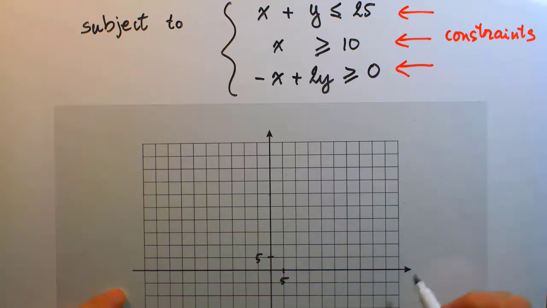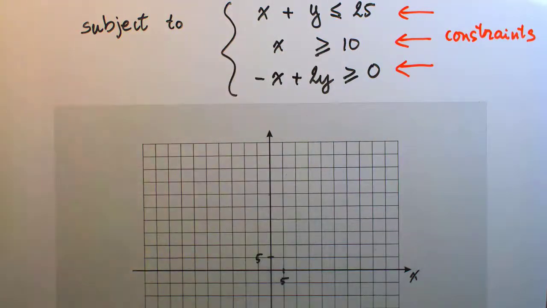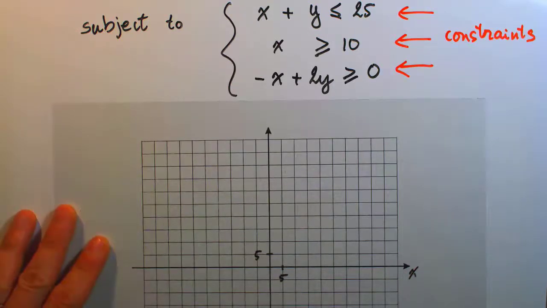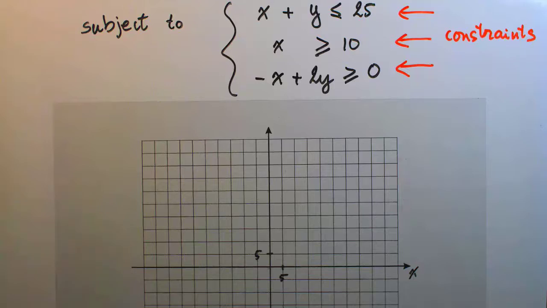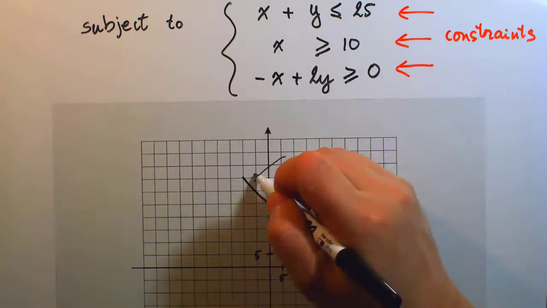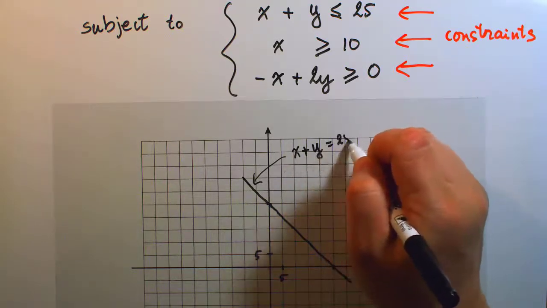So in my graphing space here, let's say each square grid represents a 5. So the vertical space here is a 5, and the horizontal grid space there is also a 5. Then x plus y being less than or equal to 25, provided you have seen some of my other videos showing how to graph the solution to a single linear inequality in two variables, this is our line representing the equation x plus y equals 25.